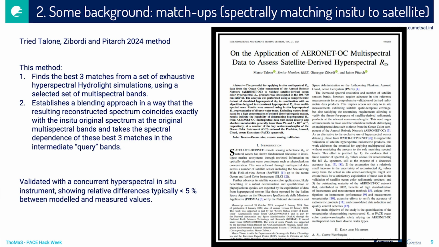What they do is, given the multispectral in situ input, they find the three closest spectra in this reference data set of Hydrolight simulations. Then they blend those in a way that the output spectrum coincides with the original input bands given to the algorithm.